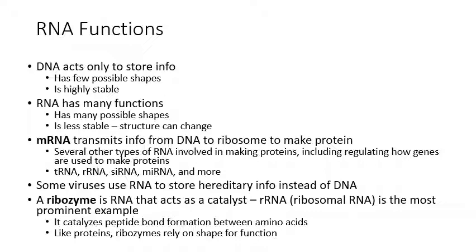So you're starting out with information contained in the primary structure of the DNA. You're copying that information into the primary structure of the mRNA, and then the ribosome is decoding that information and using it to build the primary structure of a protein. But you also have other forms of RNA that are involved in that process.